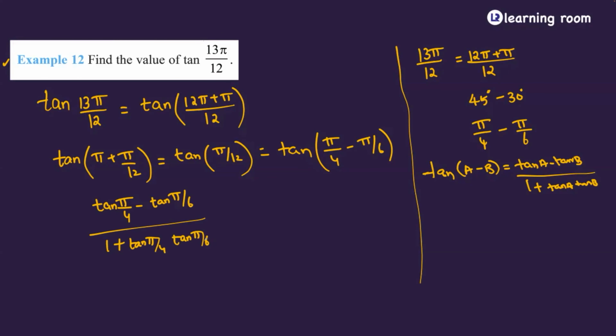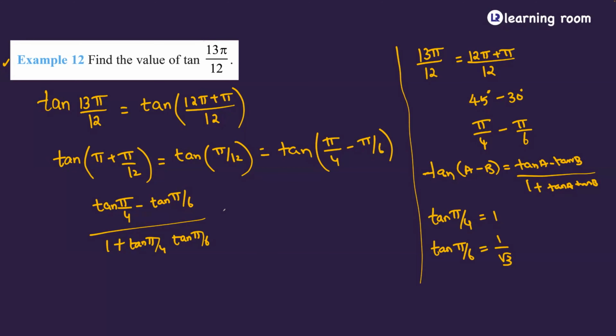What is the value of tan pi by 4? Tan pi by 4 means tan 45, which is 1. Tan 30 degrees is 1 by root 3.